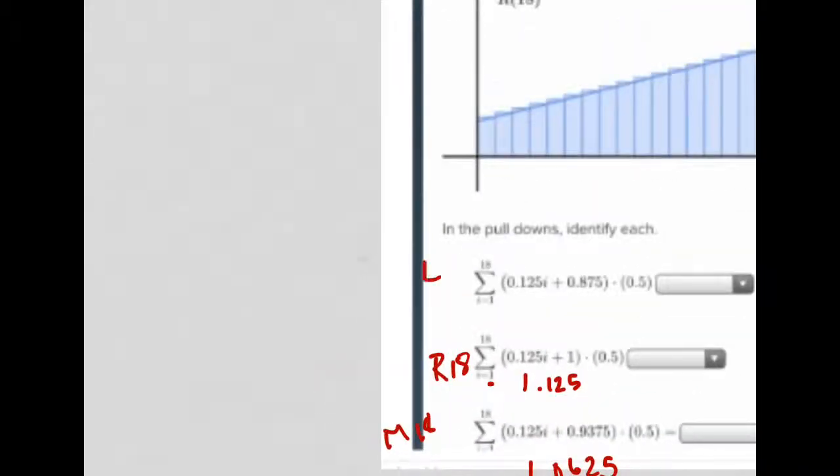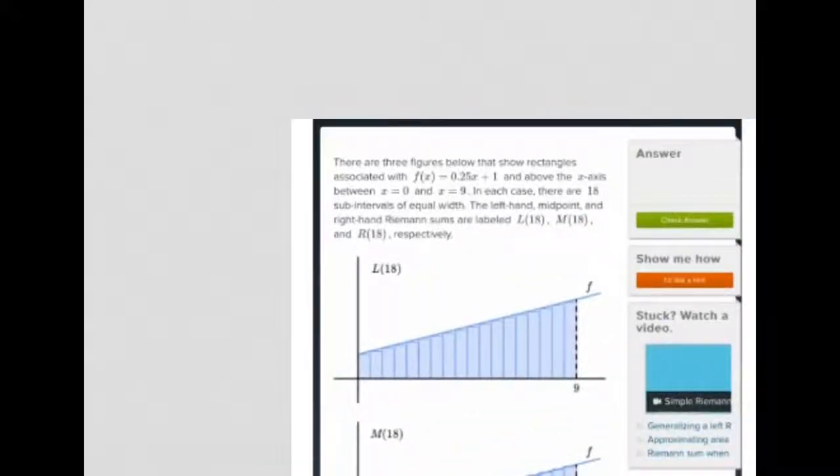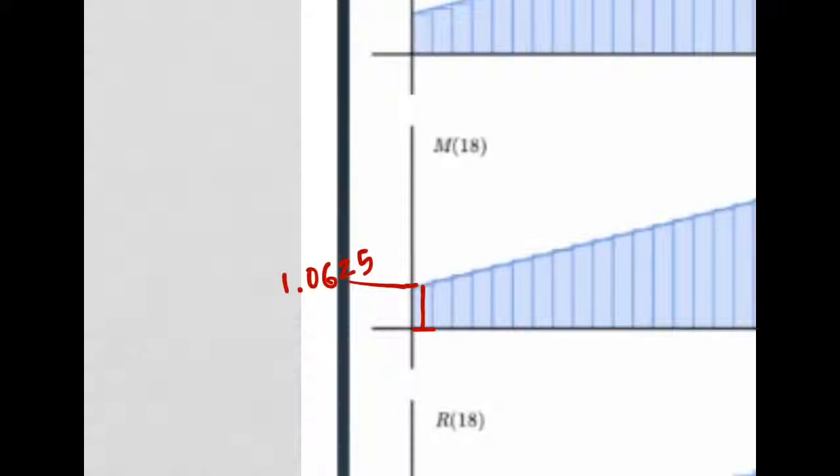This was L18. All I did here was I noticed that's the width of each rectangle. This must be the height of each rectangle because I'm trying to get the area under the curve. Then I just checked the height of the first rectangle by figuring out the x value and plugging it into my function, because that will give me the height of whichever corresponding rectangle it is.